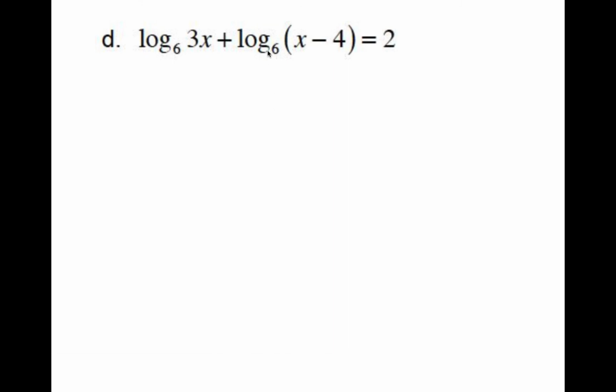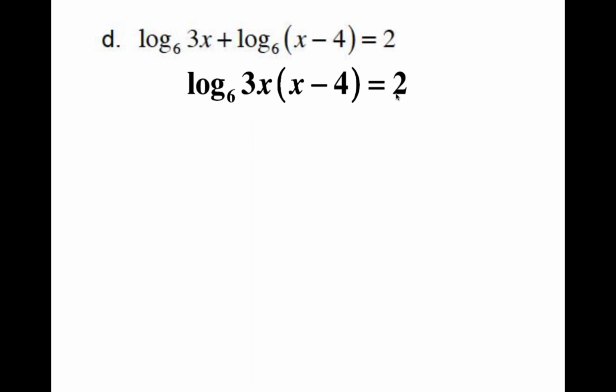For D, notice we have two different logs. This means we have to condense them to a single log term. So these are both going to become log base 6 together. The plus means we're going to be multiplying the 3x and the x minus 4, because remember, when you condense with a plus, it means to multiply. And then we can just drop down the equals 2. So now I can do the hook.